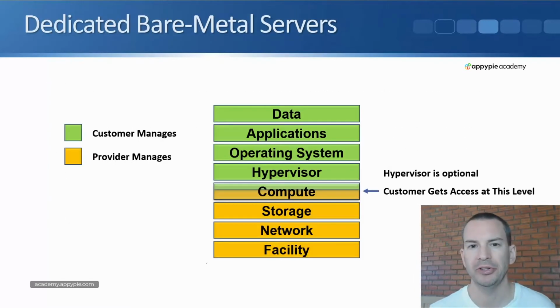If the customer wanted to run just one workload on that particular physical server, like let's say they're going to run an Oracle database on there, they want to have a high performance server and the Oracle database is going to be the only thing running on the server. In that case, they would install the operating system directly onto the hardware.